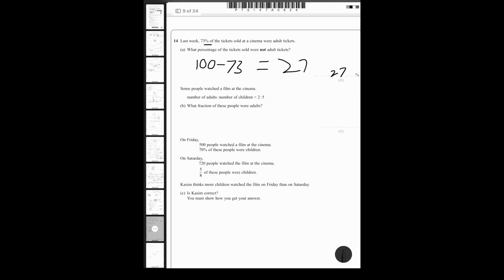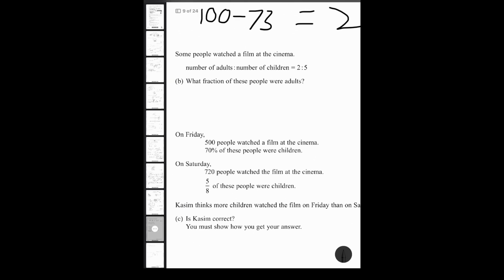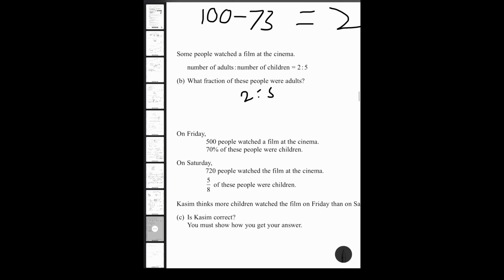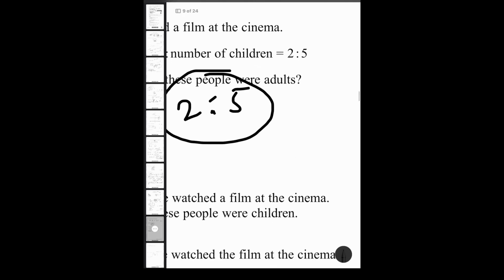Some people watch the film at the cinema. The number of adults to the number of children is 2 to 5. What does this mean? You're either an adult or you're a child, right? Because it doesn't mention anything about teens. That means on the big picture, this is the whole pool of people.